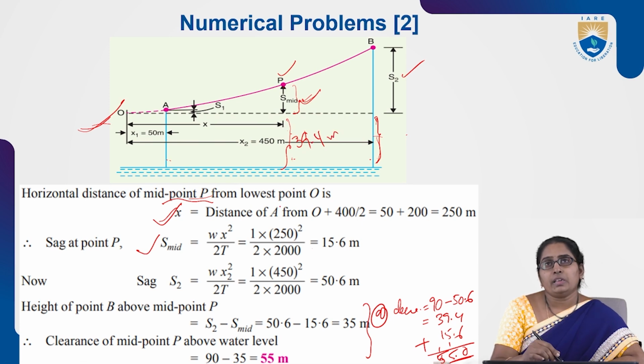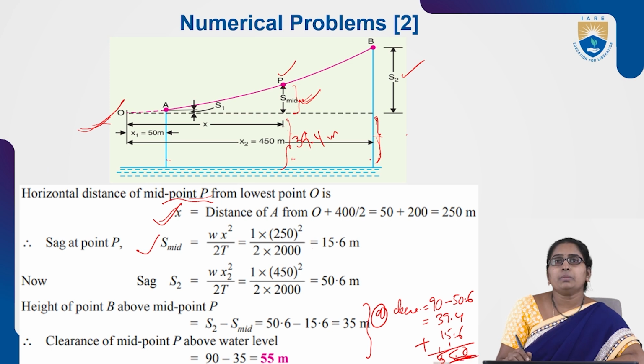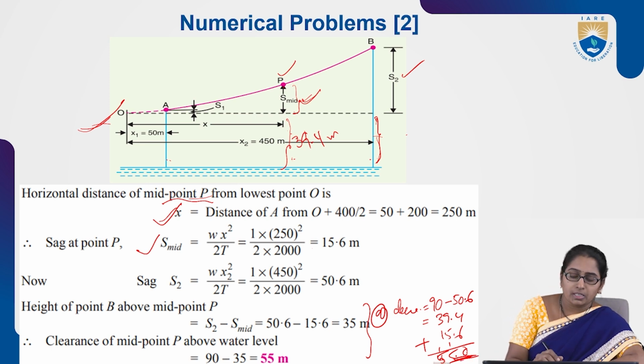So finally, what is the clearance at the midpoint? 39.4 plus 15.6. The sag value will give us the clearance at the midpoint. That is the answer, 55, the pink one. This is the answer.